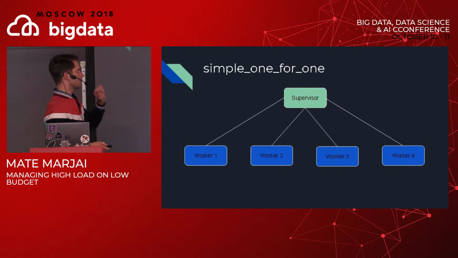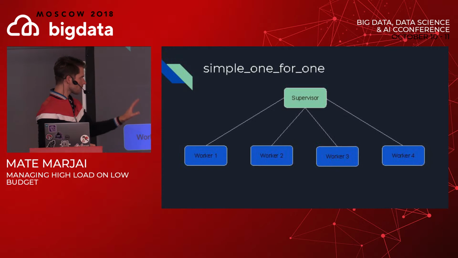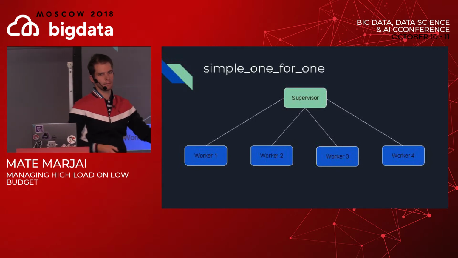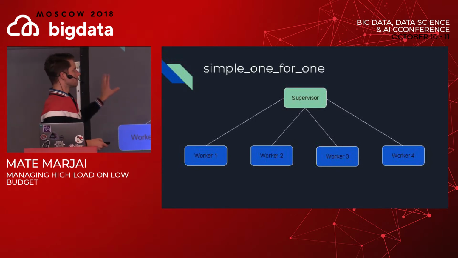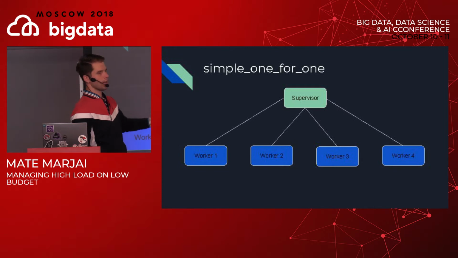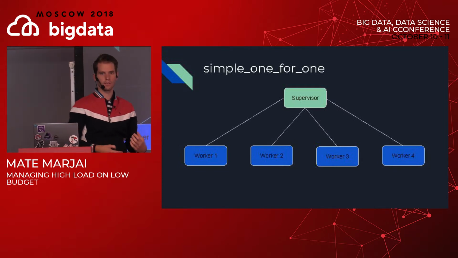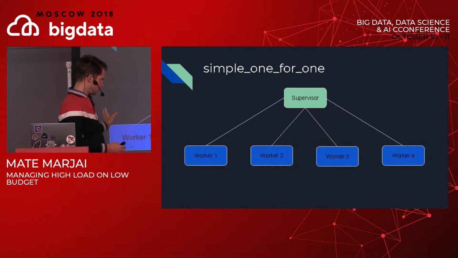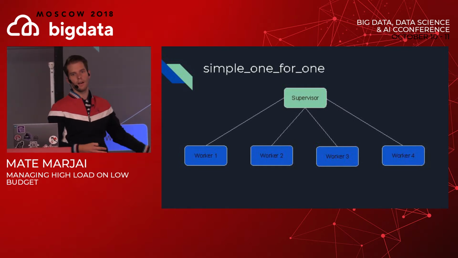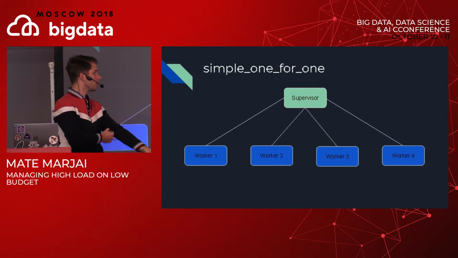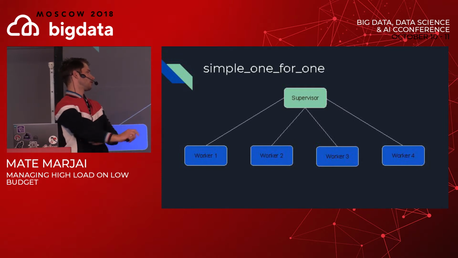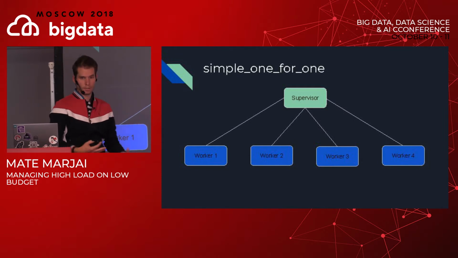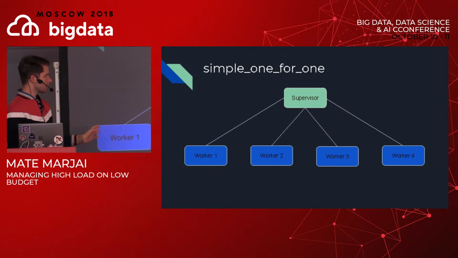So to counter that, there's this strategy called simple one-for-one, where during runtime you can start these different kinds of processes as the load comes into your system, and as the load winds down, you can get rid of these processes as they come and go. There's no real limit to how many processes you can create in these kinds of scenarios.